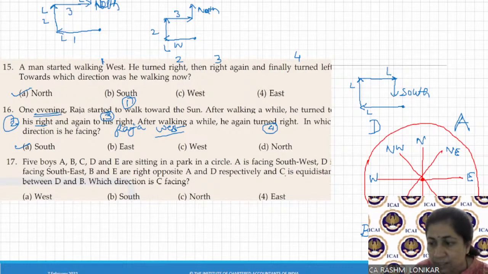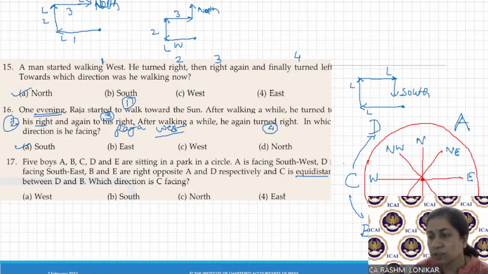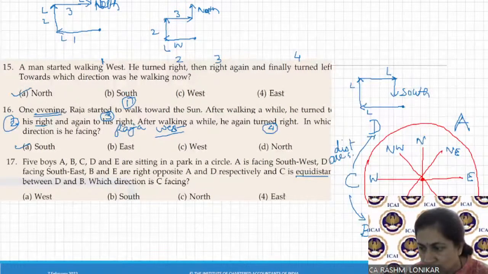C is equidistant between D and B. C is equidistant means he is equally away from B as well as D. B is here and D is here. So where will C be? C will be in here, because this distance and this distance are the same.